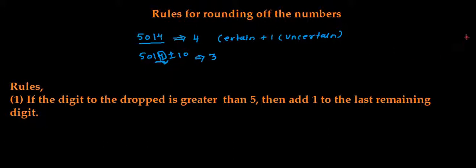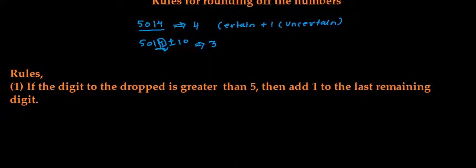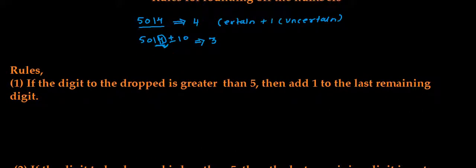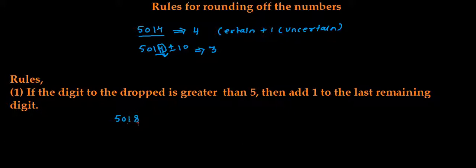The first rule of rounding off says: if the digit to be dropped is greater than 5, then add 1 to the last remaining digit. For example, 5018, and we want to drop the last digit, and we see it's greater than 5.